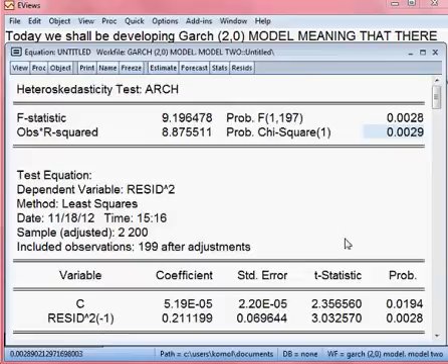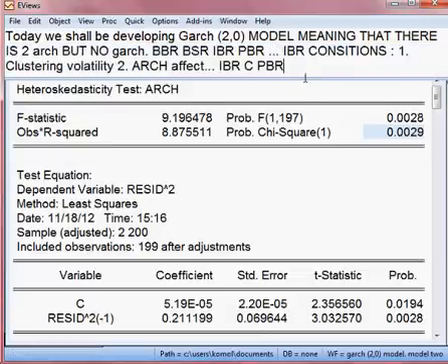Okay, so here we are developing, because the residuals are behaving with clustering volatility. We have seen clustering volatility and we have seen the ARCH effect in the residual. So we can easily run the ARCH and GARCH model. That we shall be doing now.